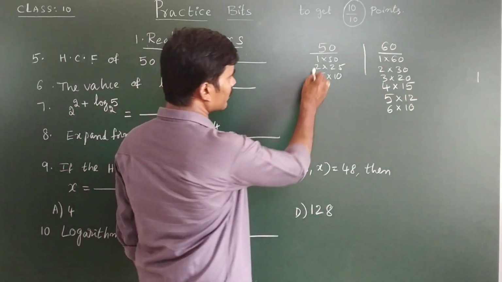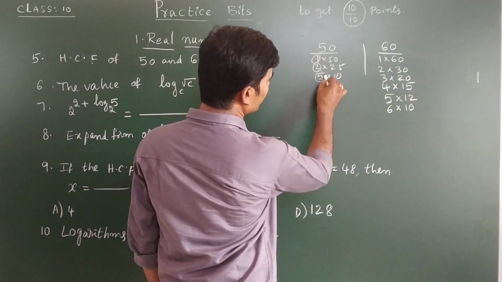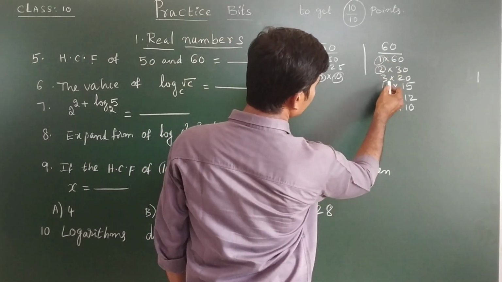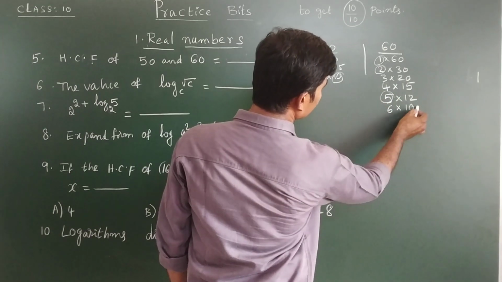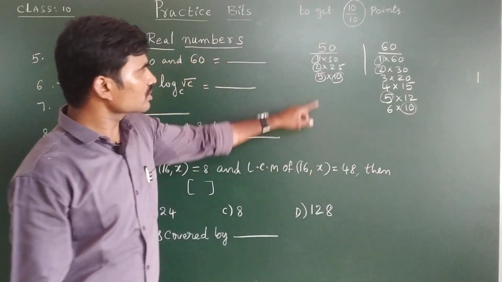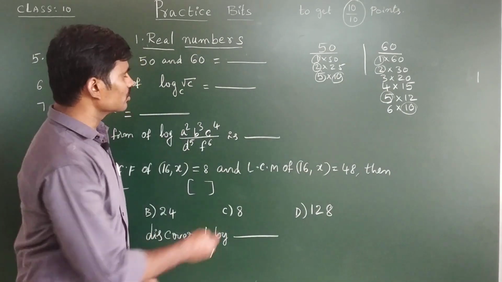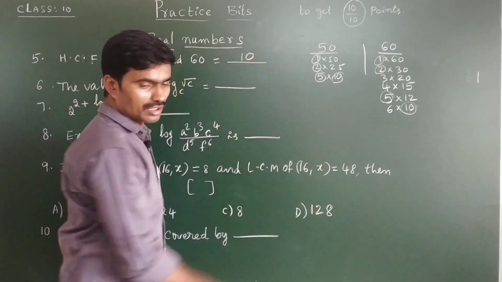So the common factors are 1, 2, 5, 10. So the highest common factor is 10. So answer is 10.